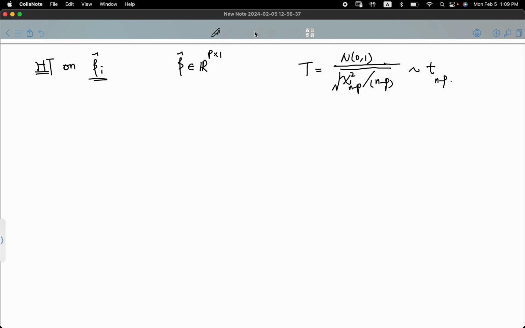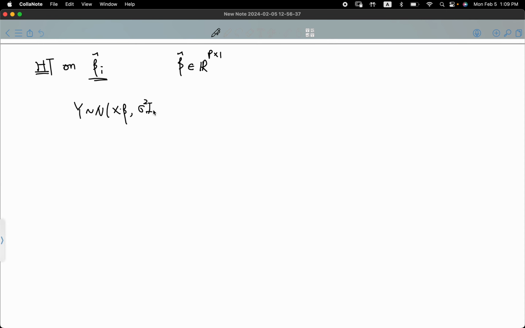Okay, so that would be the high-level idea. Next, we're going to talk about that. First of all, here I'm just going to borrow the distributional assumption that we have so far. Y is a multivariate normal, n by 1.